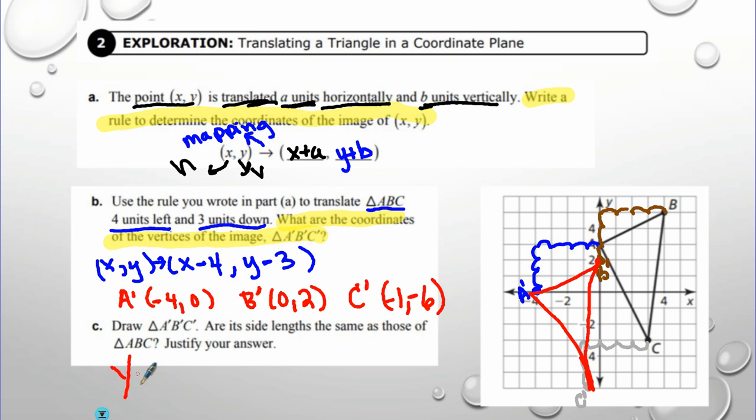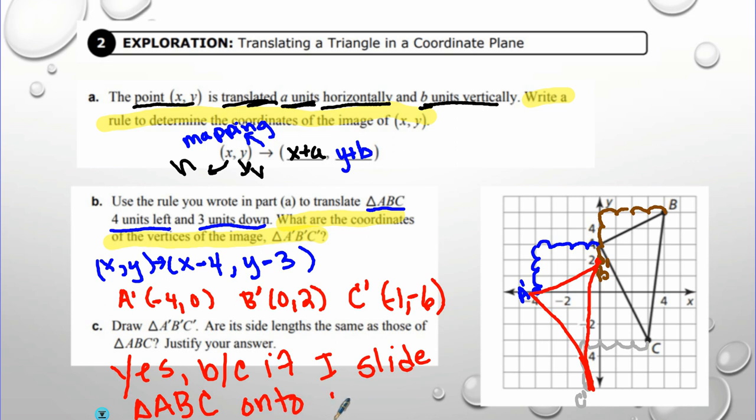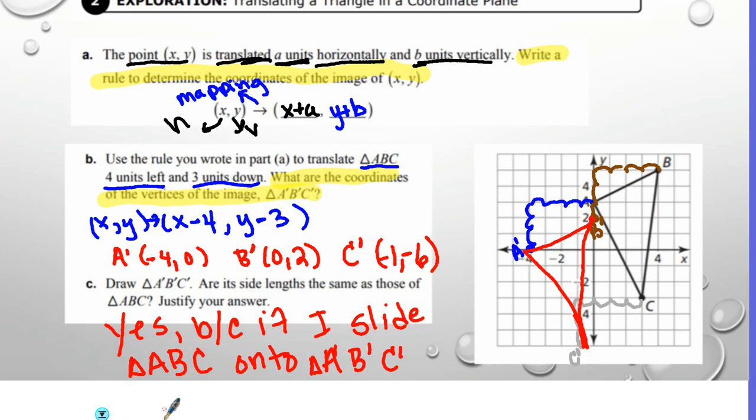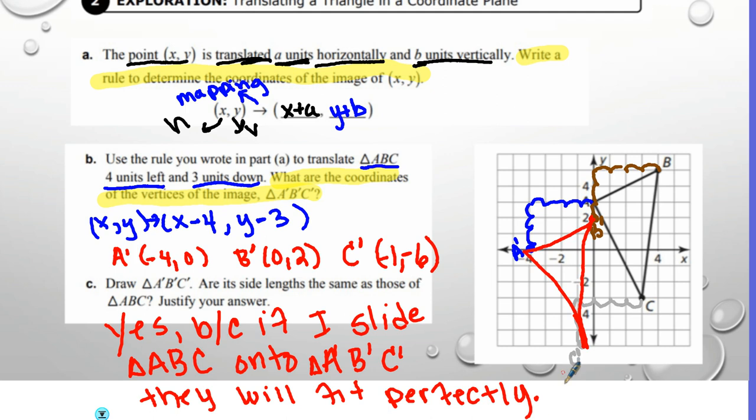We're going to say yes, because if I slide triangle ABC onto triangle A prime, B prime, C prime, they will fit perfectly. And that is my answer. You can write your own. That's just how I would say it, and you can write your own answer for that.